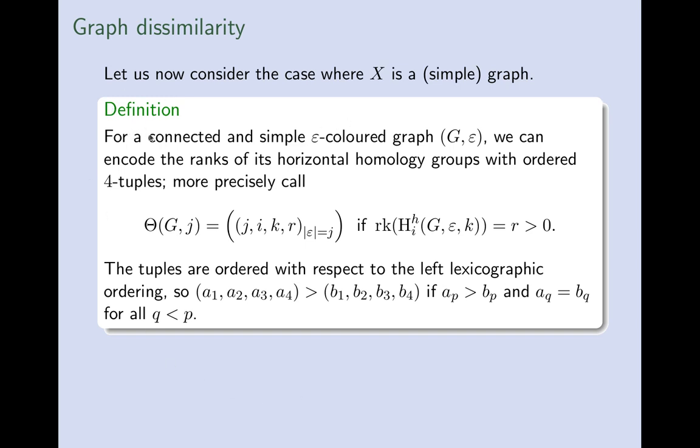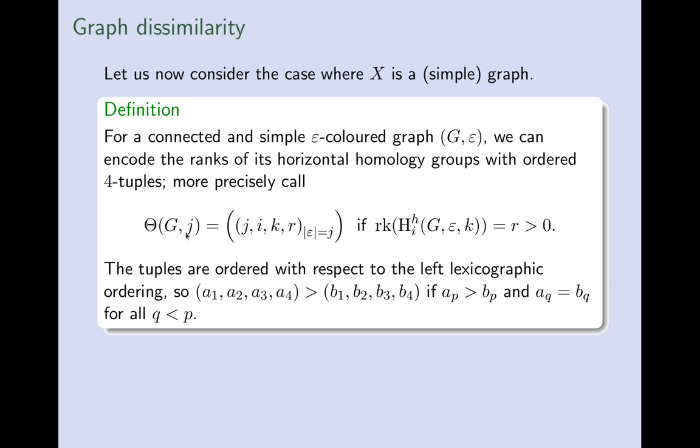Then, given, let's say, a connected and epsilon colored graph, G epsilon, we can encode in a sequence of 4-tuples the ranks and bigradings of the horizontal homology of the graph.